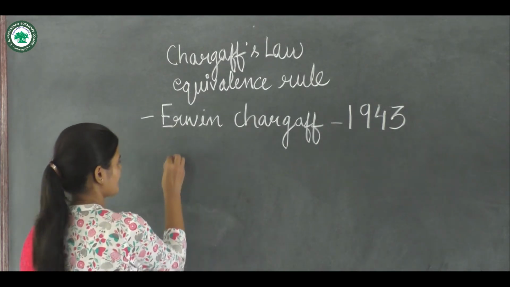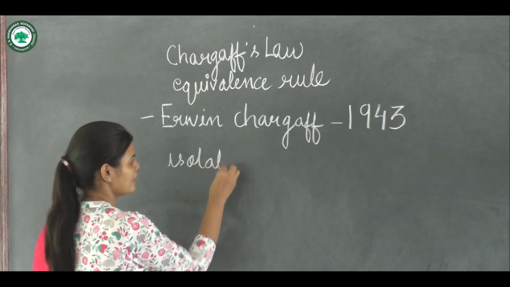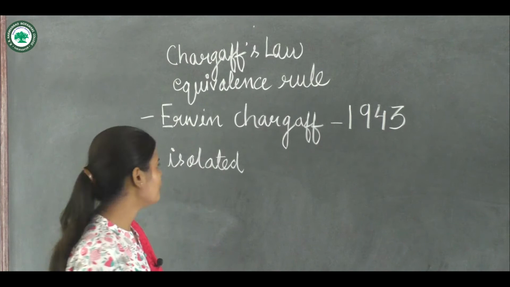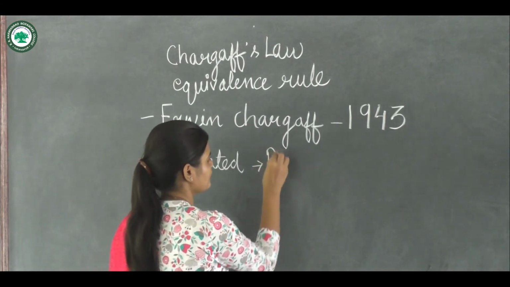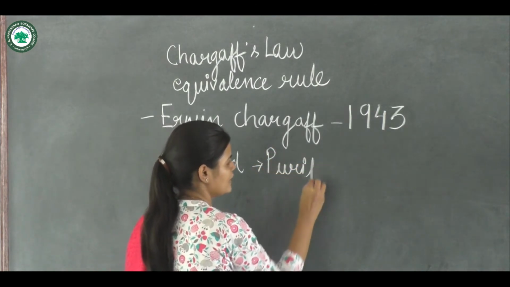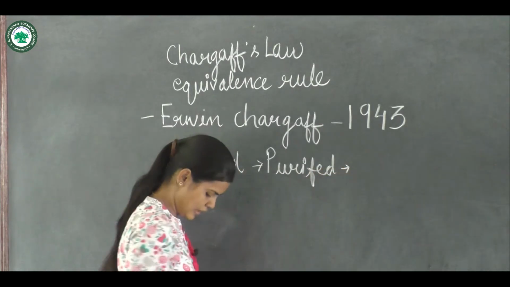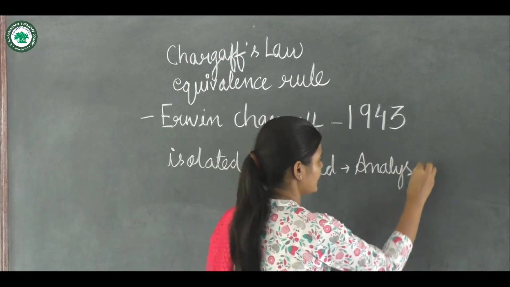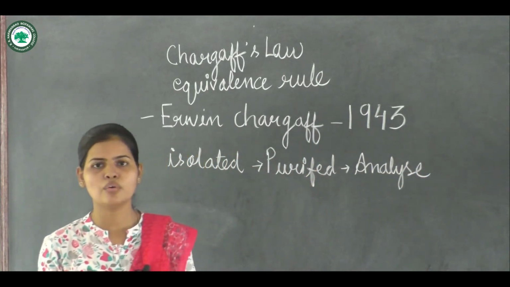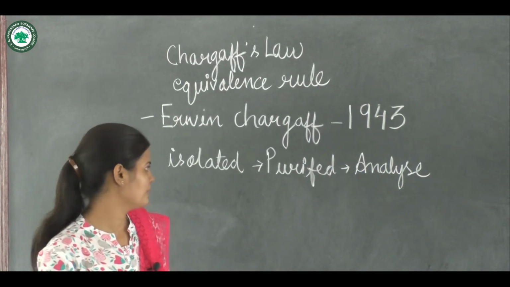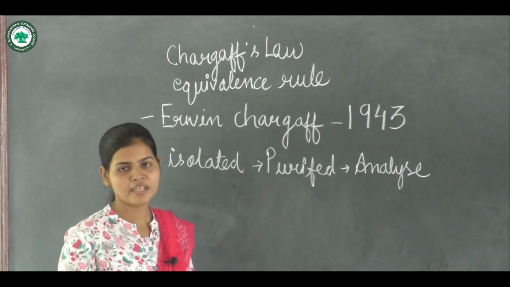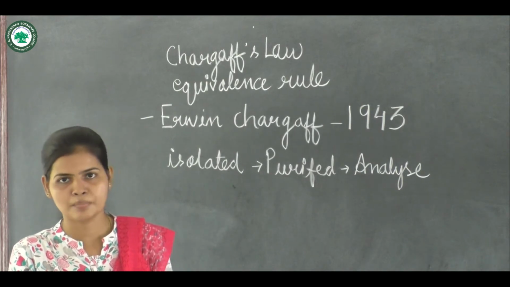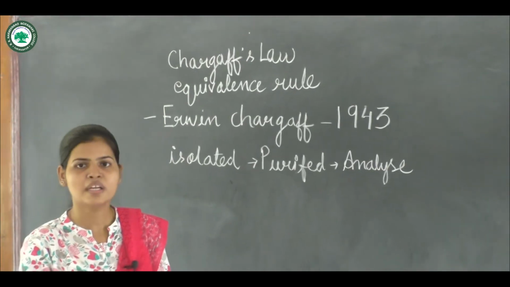Firstly he isolated the different DNA samples from the different organisms. Next he purified those DNA samples, and later on he analyzed them. He found different ratios of the nucleotide bases, or the nitrogenous bases, of DNA.